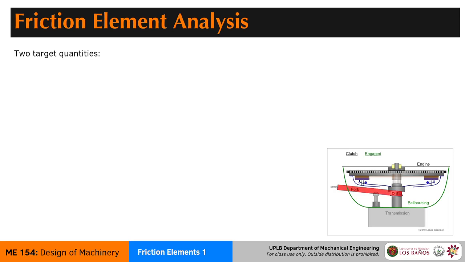When you press it, the other side of the lever is connected to this movable hub, and this movable hub controls whether the clutch is engaged or not.